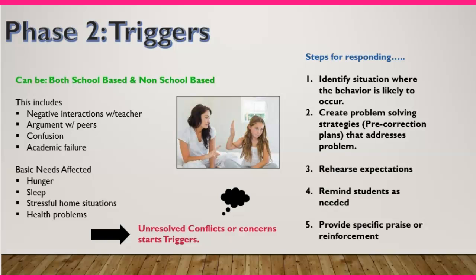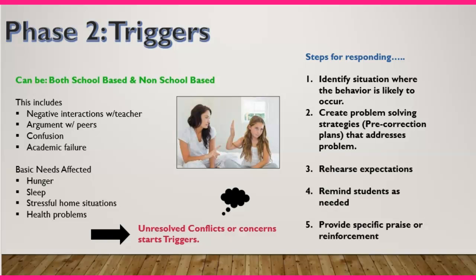Phase 2 is the stage where a student can be triggered, and this can be in both school-based and non-school-based settings. In the trigger stage, a child is very, very negative. Their interactions with their teacher are pretty much negative.